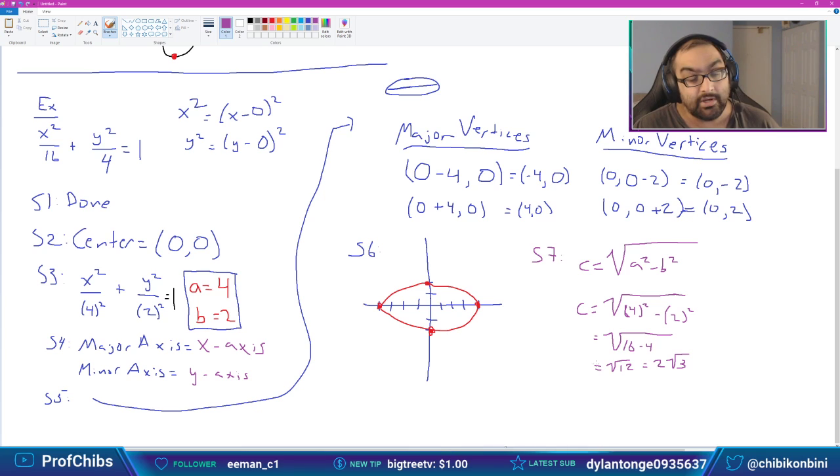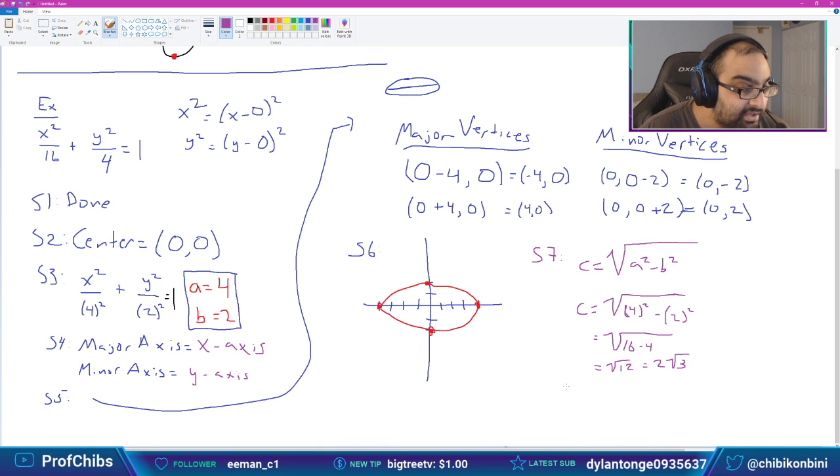And so all we have to do with 2 square root of 3 here, since that's going to be our c, is add and subtract 2 square root of 3 to the x coordinate. The reason we're doing the x coordinate is because that is the major axis that we identified back in step 4.